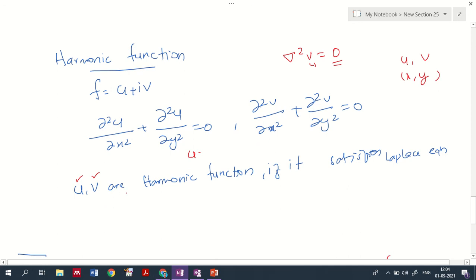Only thing is that in order to be harmonic functions, u and v should satisfy the Laplace equation, that is del square u by del x square plus del square u by del y square equal to 0, and del square v by del x square plus del square v by del y square equal to 0. This is the basic condition for the Laplace equation. If any function satisfies that, you can call it a harmonic function. So very simple.